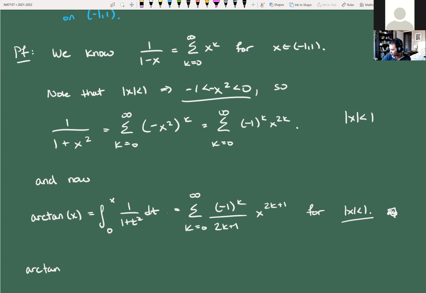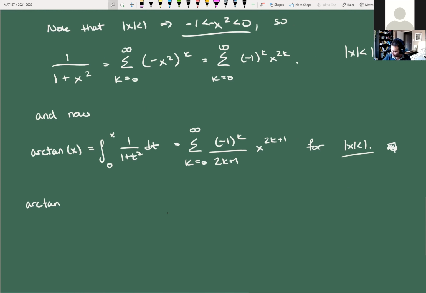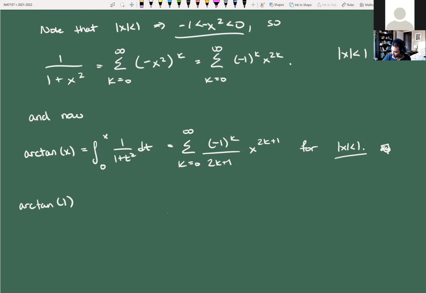Oh, you know what though? This thing totally converges at 1, right? Okay, hold on. Arctan 1. So even though 1 is not in the radius of convergence, it is in the domain of convergence, right?